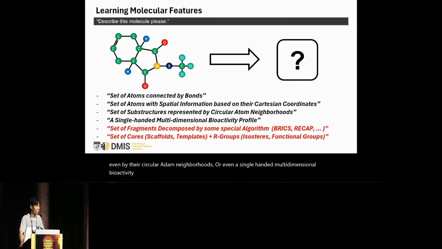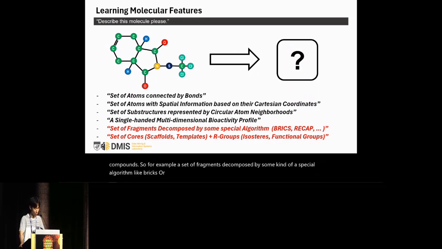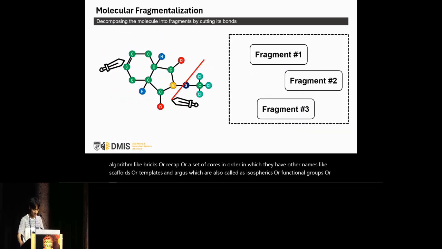But what we really wanted to focus on is helping the model learn about the structural aspects of the compounds. For example, a set of fragments decomposed by some kind of special algorithm like BRICS or RECAP, or a set of cores, which have other names like scaffolds or templates, and R groups, which are also called isosteres or functional groups or motifs.